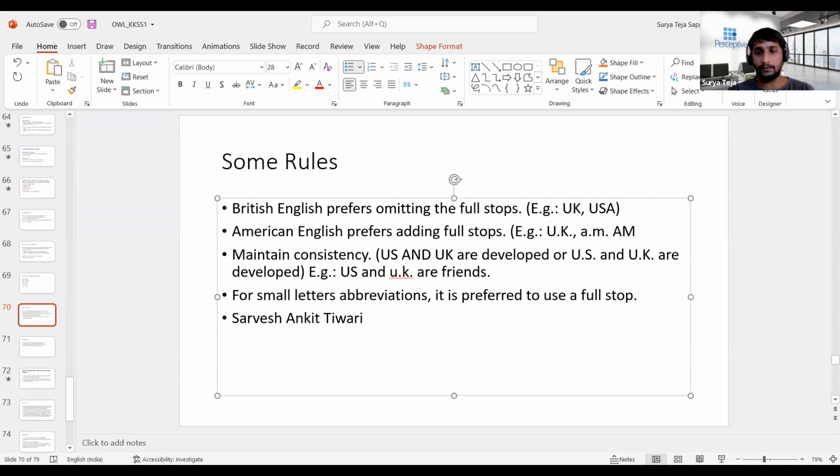Even when we write bank forms or other application forms, there won't be any full stop; from word to word there would only be a space. Only when you write it in short form is there a need of putting a full stop there. So S. Ankit Tiwari, in this way.